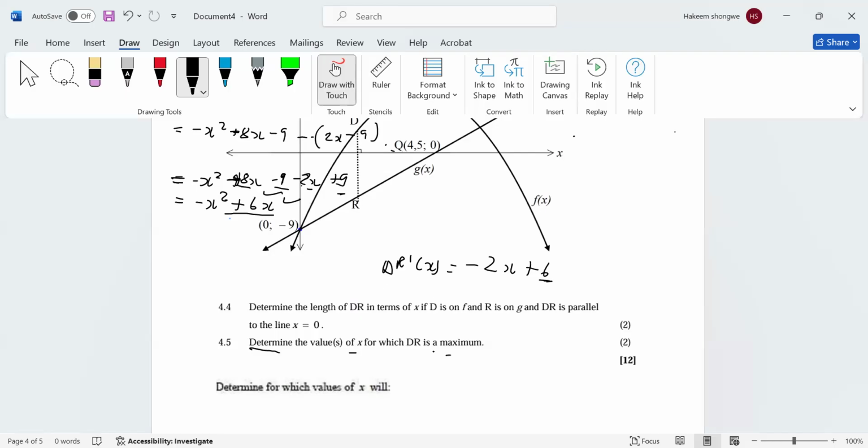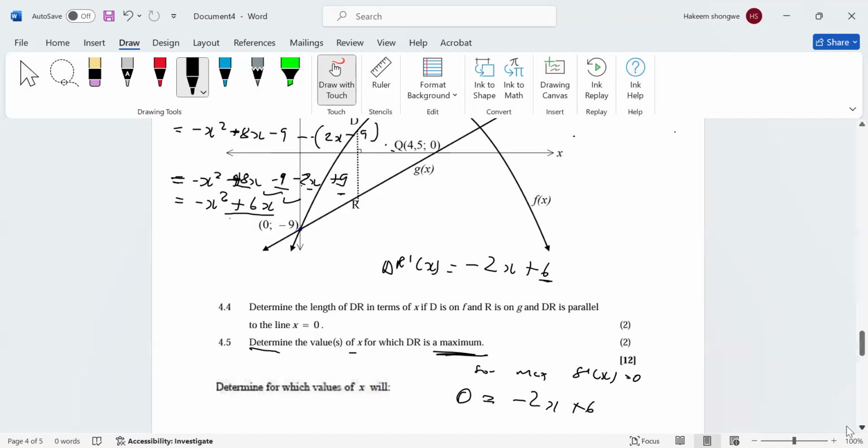Then for maximum or minimum, dr prime of x is equal to 0. So we have 0 equals minus 2x plus 6.